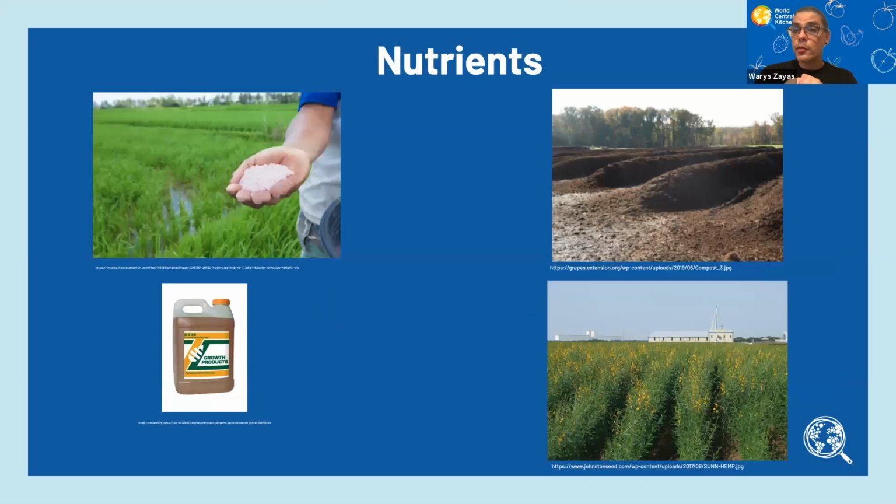Another thing you need to take into consideration when you're planning your harvest is the nutrients. The nutrients are the source for your crop. Most of our participants rely on conventional fertilizer, like the one you have at the left part of your screen, that could be granular or liquid and applied through fertigation.